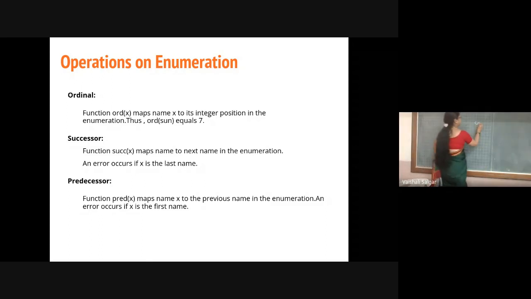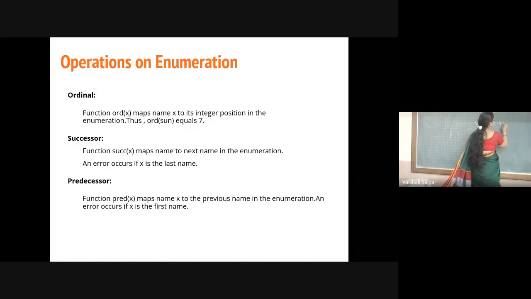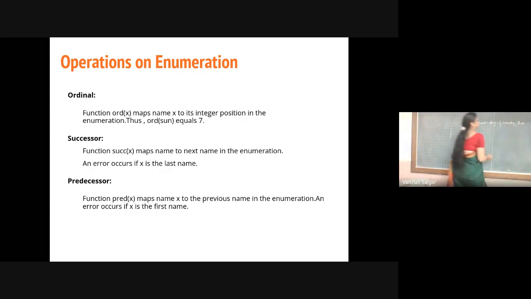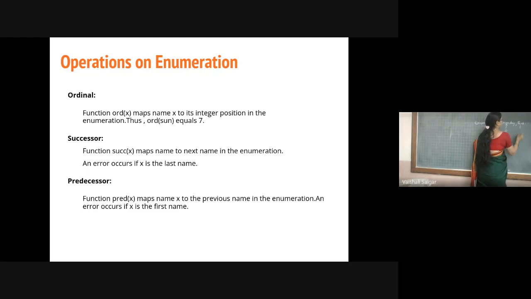So if I have declared enum base, here Monday, Tuesday, and so on till Sunday. Obviously, Monday will be given the integer value as 1, Tuesday 2, Wednesday 3, and so on.